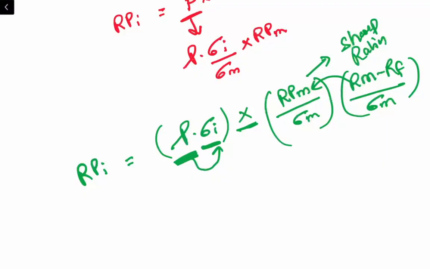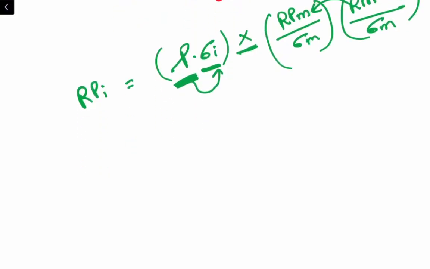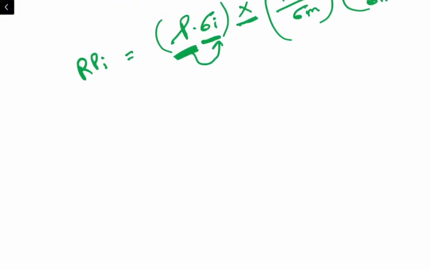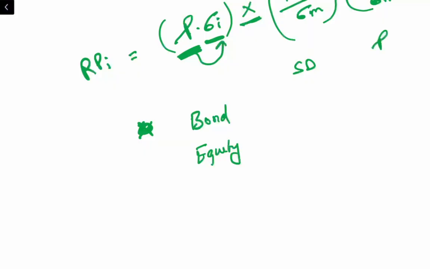Clear? Now suppose I have a few pieces of information. I have one country X. For that particular country I have the information with respect to their bonds and with respect to their equity. Clear? I have the information of their standard deviation and I have the information of their correlation.